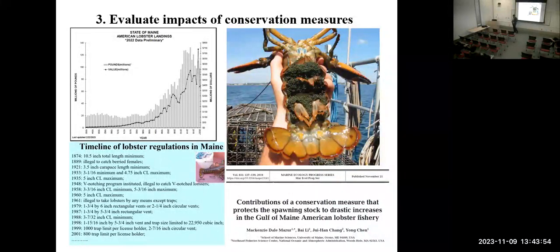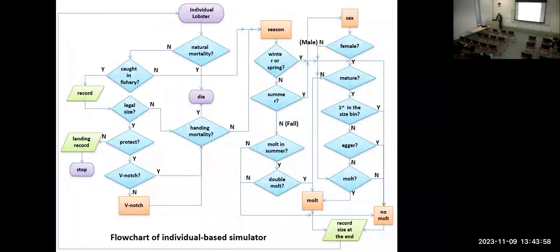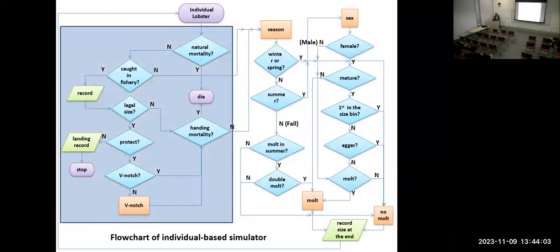So this is a paper that we published a couple of years ago. The simulation work started with building an individual-based lobster fishery simulator. You look at this one, this is the fishery part, basically an algorithm that tries to mimic how fishermen decide whether a lobster will be landed or discarded, right?